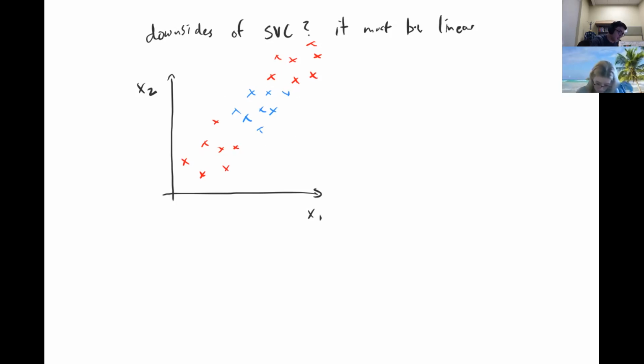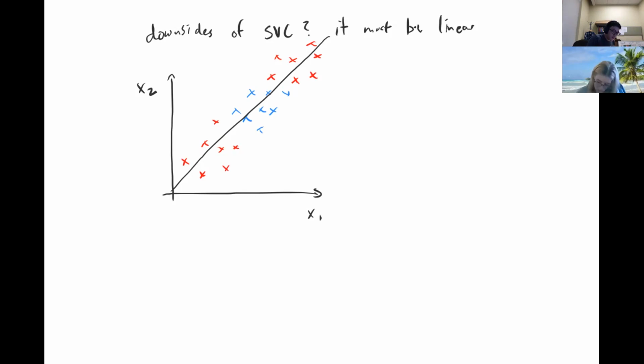But unfortunately, I end up having to do something like that, or like that. I guess it'll be like this one, because that's the one that maximizes the distances. So unfortunately, with the SVC, it must be linear.